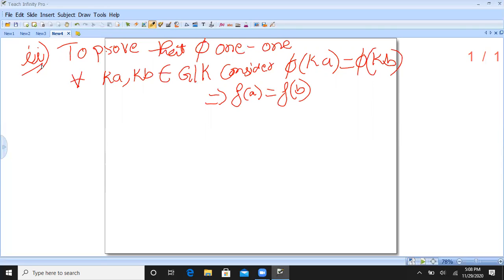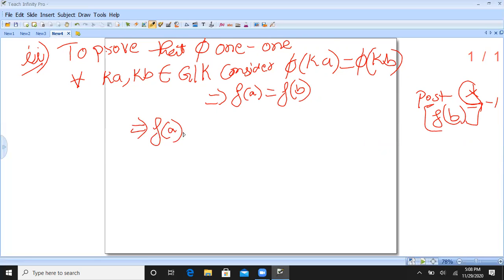Now post multiplying by f of b whole inverse: we first write f of a and then multiply, post multiply, f of a into f of b inverse.